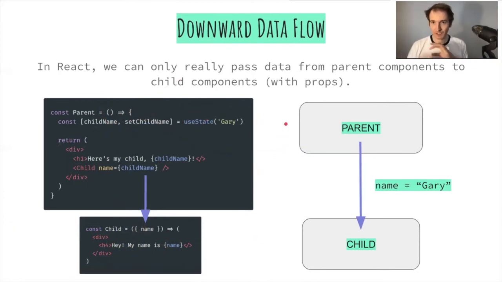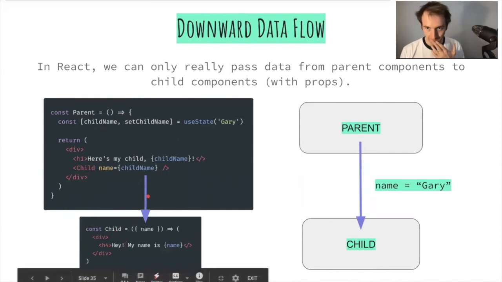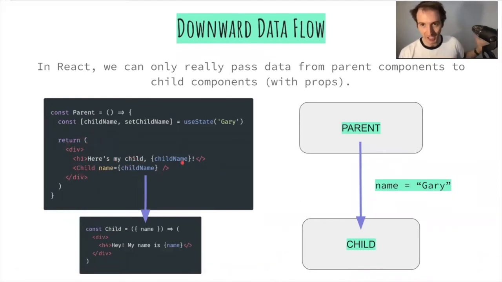The nice thing when going from parent to child is that whenever something changes in the parent, so if we update the name of the child, for example, then automatically that change gets reflected in the child. Because every time one of the props changes, every time something inside of this return statement changes, we automatically re-render that component, and then by association, we're then re-rendering the child.